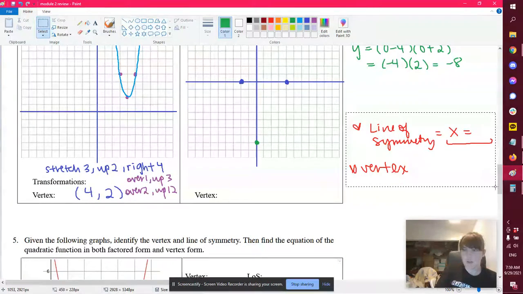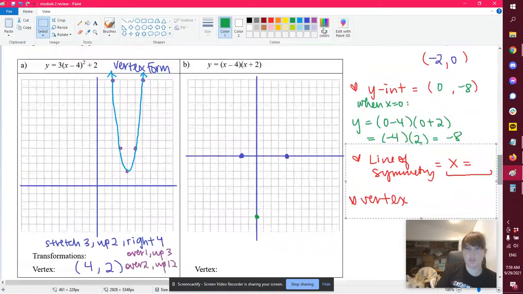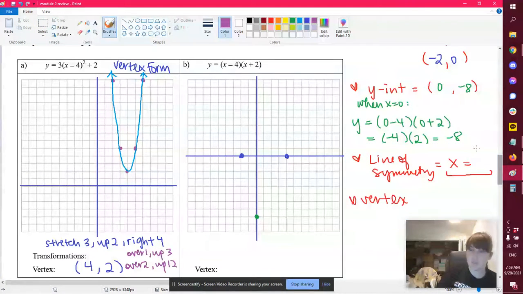Now we'll do the line of symmetry one. And this is the weirdest one. This is how we find the vertex eventually, right? The line of symmetry is the middle of our intercepts. So not this version, but the flipped version.